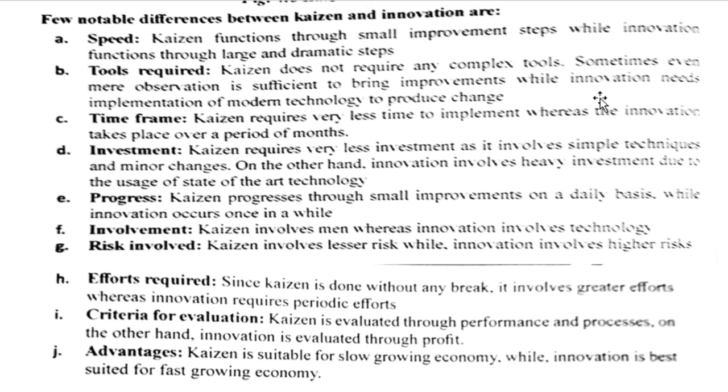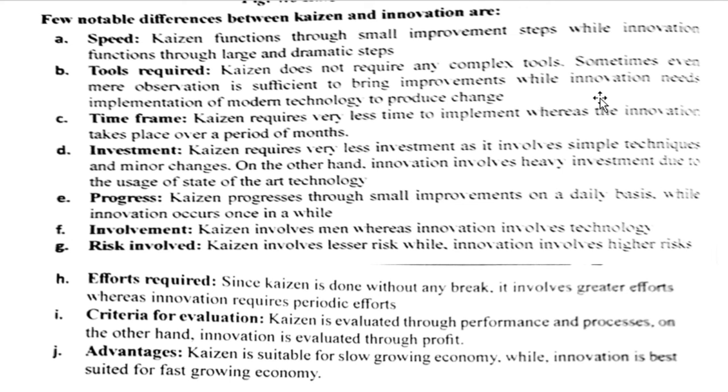Sometimes even mere observation is sufficient to bring improvements, while innovation needs implementation of modern technology to produce change. Third, time frame: Kaizen requires very little time to implement, whereas innovation takes a period of months.